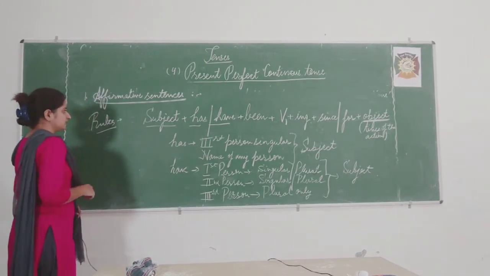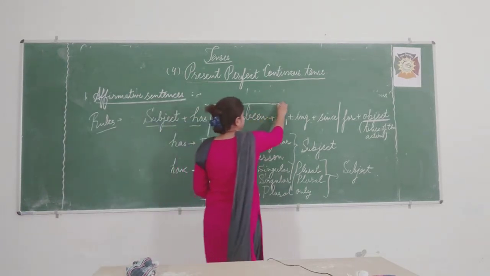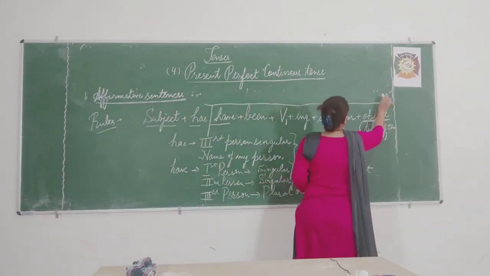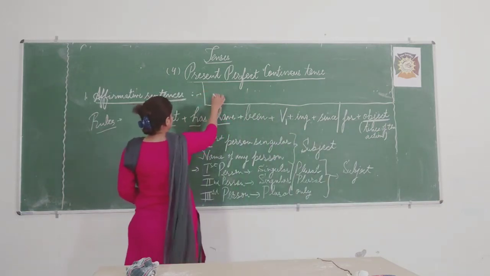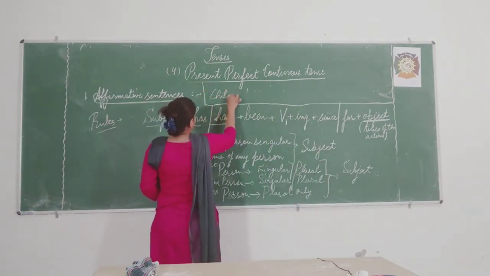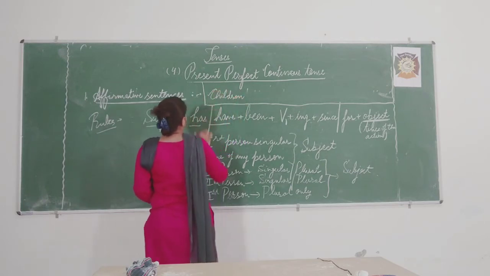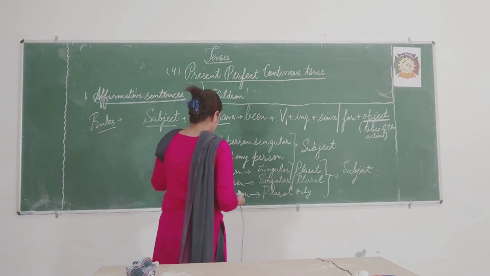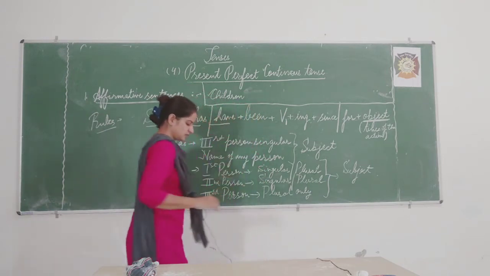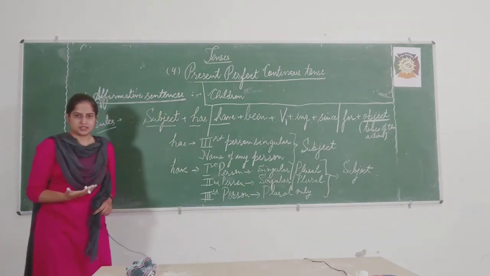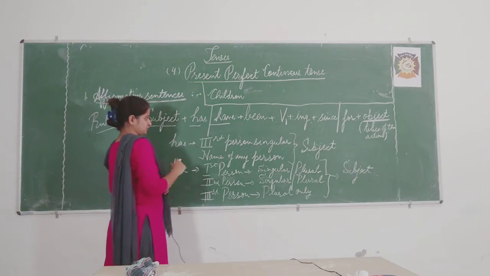Alright, so let us take one example. I am writing the example here, don't get confused. Children here is the subject, the doer of the action in the sentence. Now we all know children is plural. So what do we use with a plural subject?